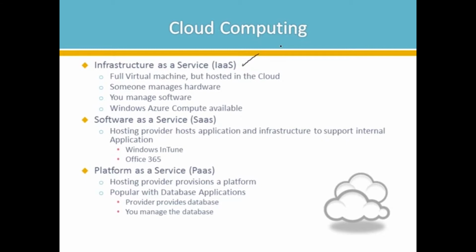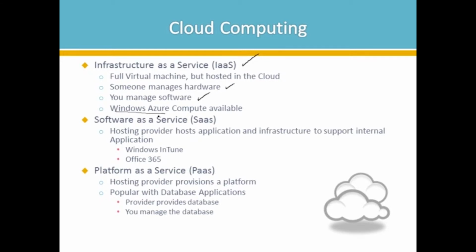The advantage, of course, is someone else gets to play with the hardware, not only manage it and back it up, make sure the redundancy is there, but we still have to maintain the desktop experience and the software in that server. Now, Microsoft does have Windows Azure, which is available for you to go ahead and put your infrastructure up there in the cloud.